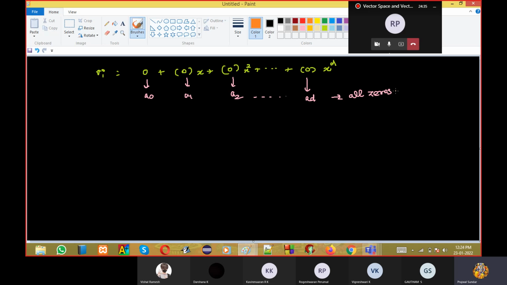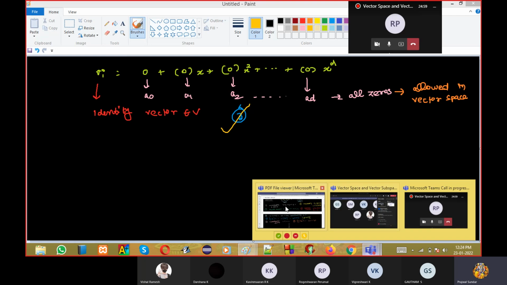This is allowed in the vector space, right? So I can say that this is the identity vector, and the identity vector belongs to the vector space. So I can say condition 3 is satisfied. Condition 3 is, anyone know?